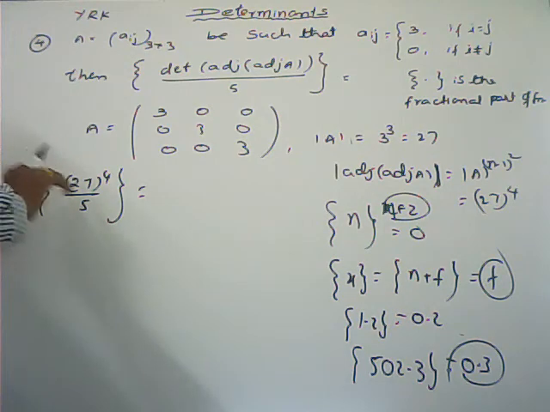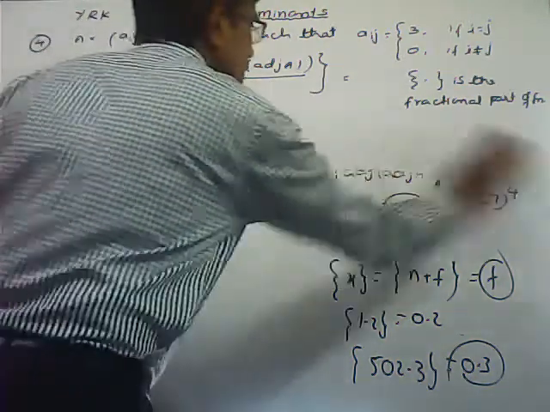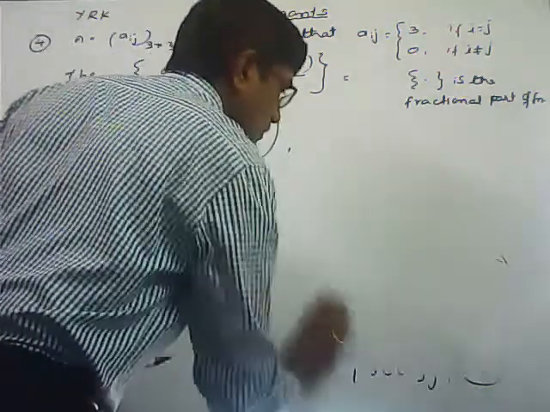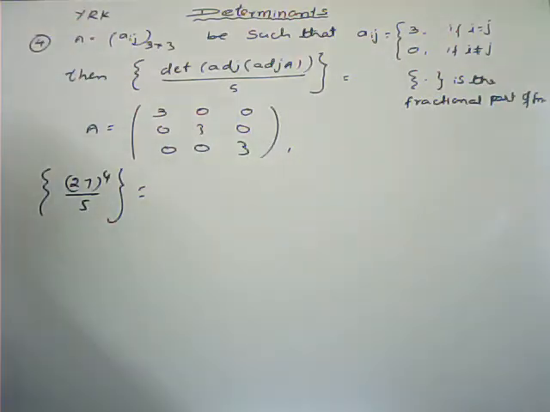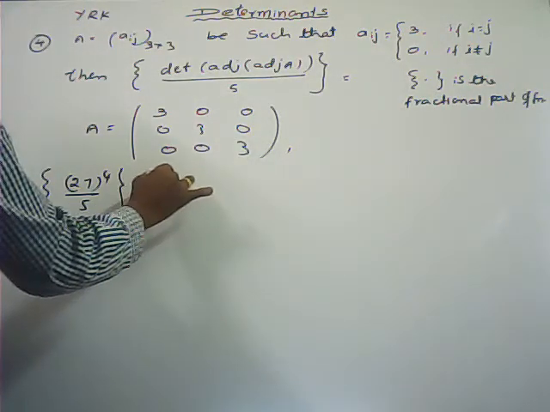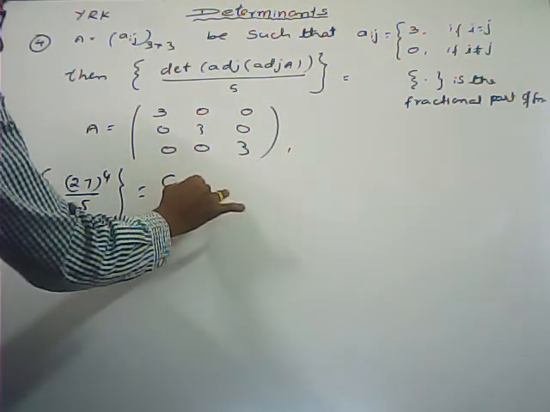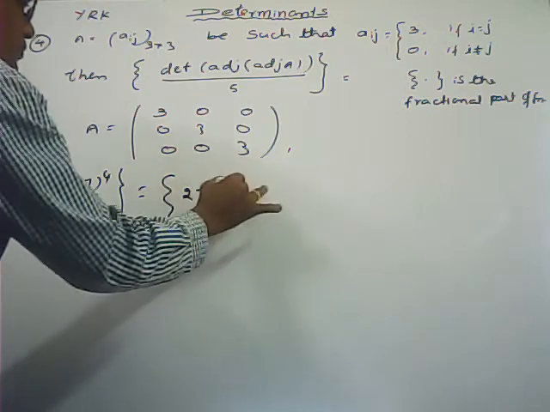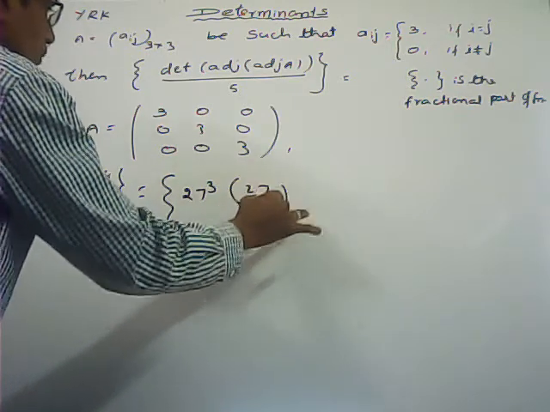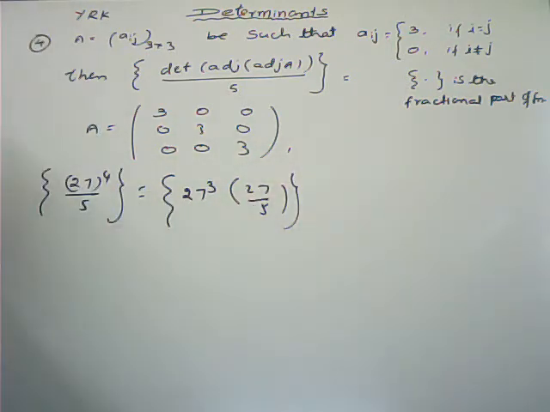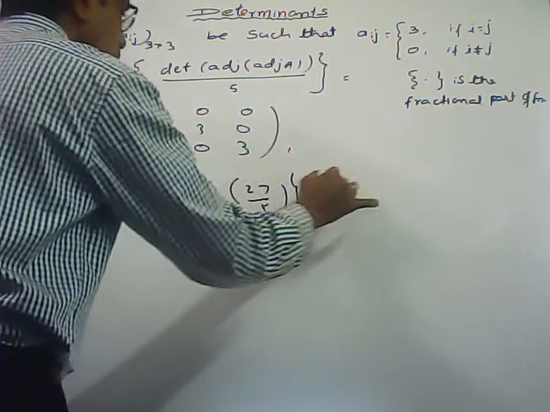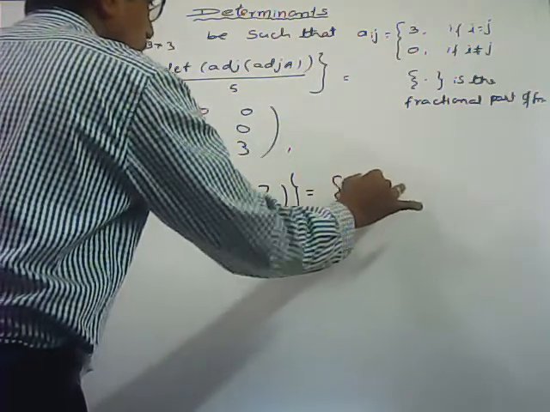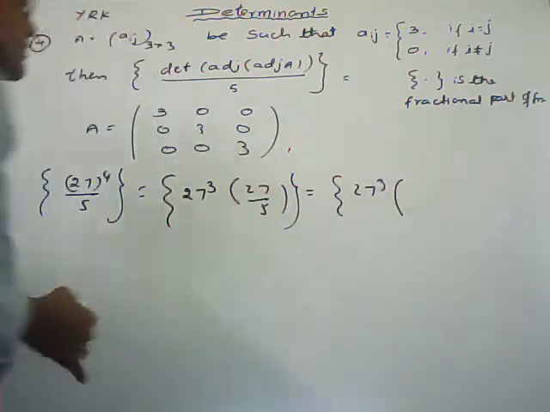Now how to get the simplest value of this one? Here that is equal to 27 cube into 27 by 5 also we can write. That is 27 whole power 4 by 5 only. That is equal to 27 cube into this mixed fraction.